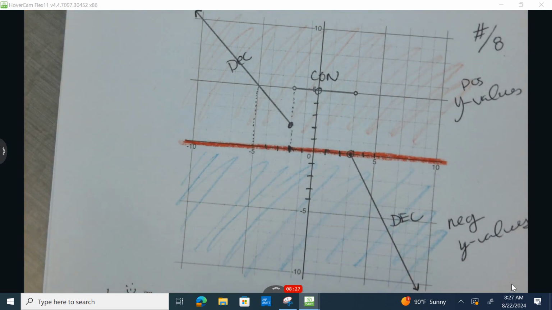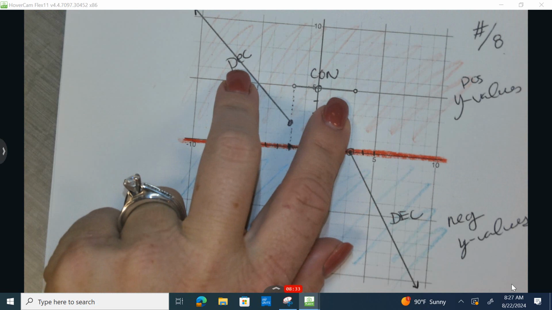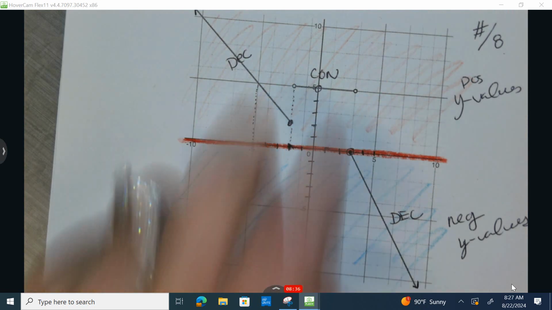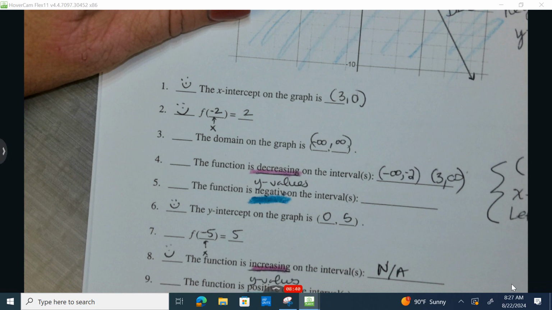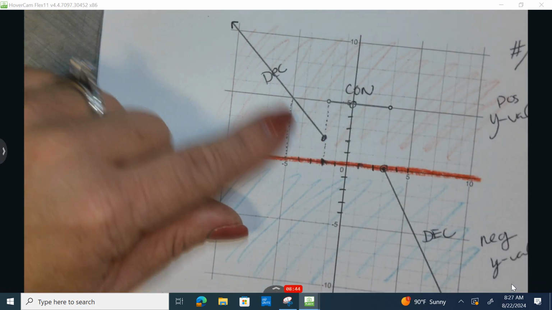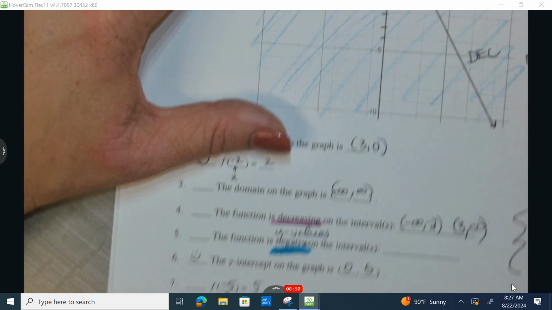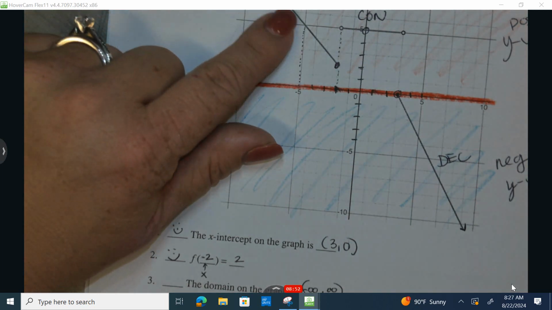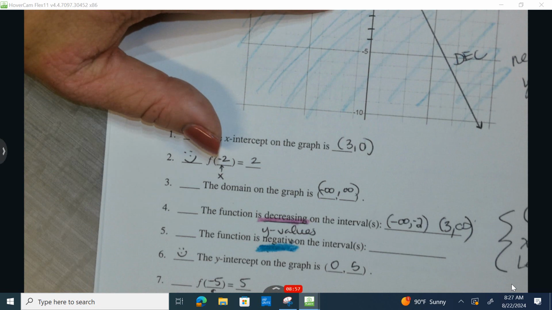If I asked you, how many intervals do you see that are in the positive y value section? There's 2, okay? So let's go to where it says positive y's. That would be number 9. I'm going to describe this. When we describe this, yes, we do describe it in terms of x values, but sometimes we use brackets. It comes from the far left, and it continues to be in the positive y all the way down to an x value of negative 2.